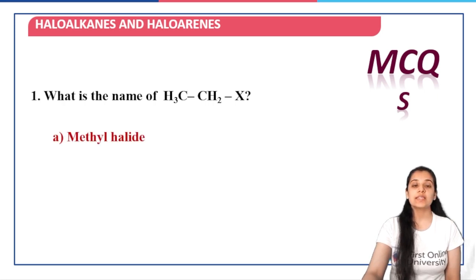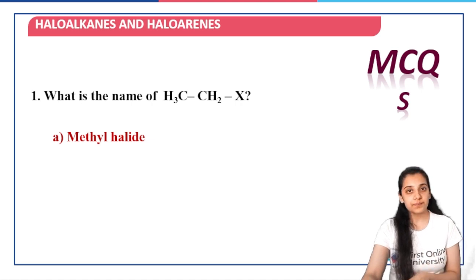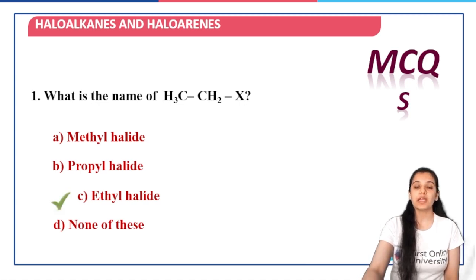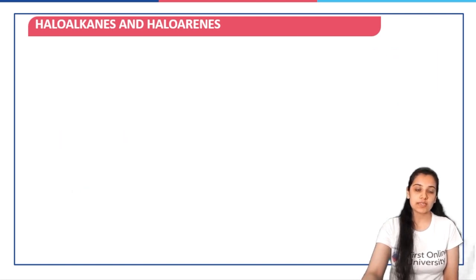So we can call it either ethyl halide or haloethane. Looking at the options, option C is going to be the right answer here, ethyl halide. Depending upon the options given to you, you have to choose the right answer, whether it is a common name or IUPAC name.